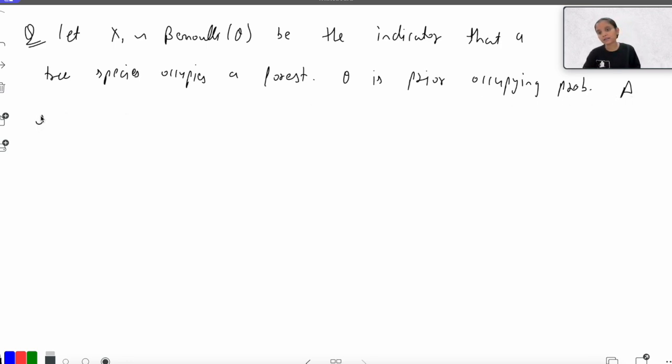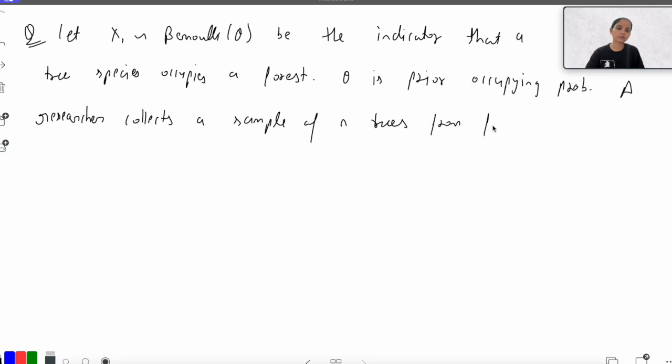Now, a researcher collects a sample of n trees from the forest and x2 belong to the species of interest.